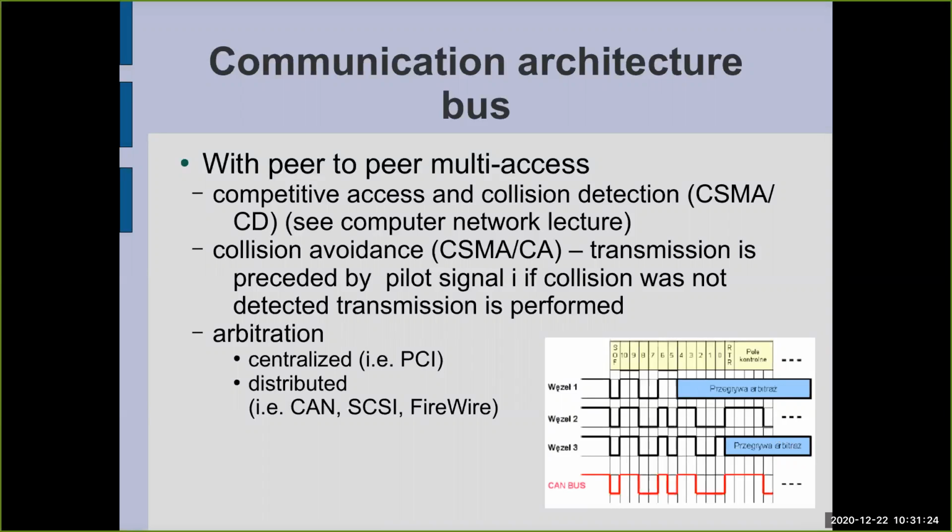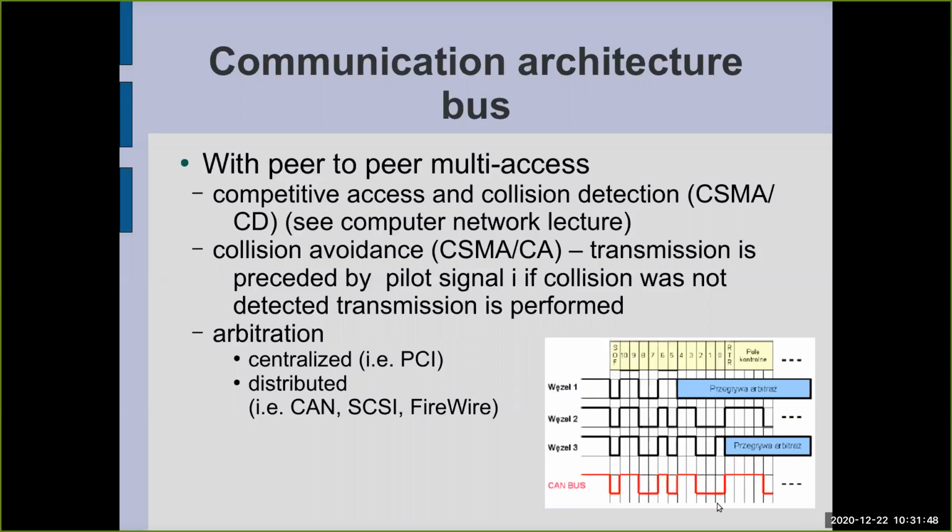But I think the most important thing is for you to understand the idea of how it works, because whether the high state or low state is dominant, in fact, it doesn't matter. It depends on the implementation of the interface.